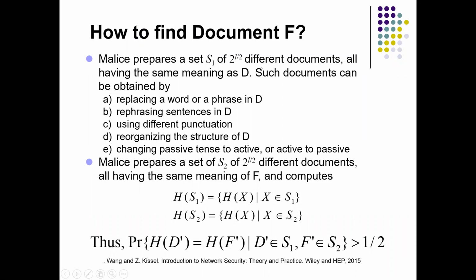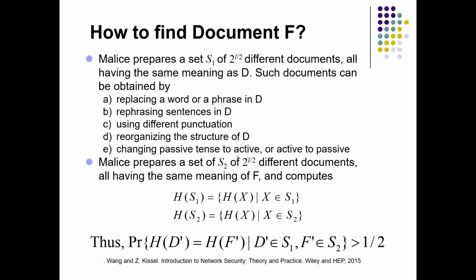Such documents can be obtained by replacing a word or a phrase in D, or rephrasing sentences in D, or using different punctuation, or reorganizing the structure of D. There are many different ways to do it.